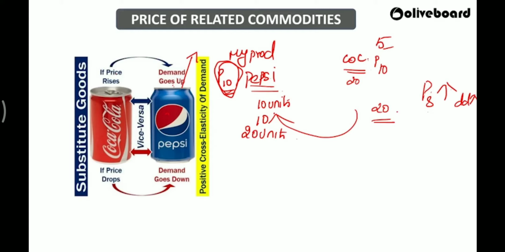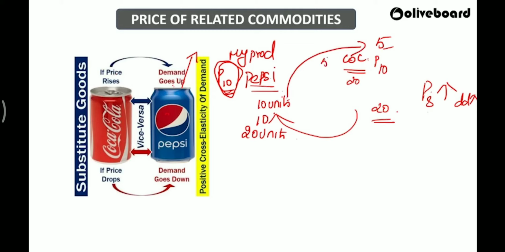Now my product is costlier than my rival. I am costlier than my substitute. I would have to give it at a lesser price. So my demand will shift to my rival. From here 10 units will go there.